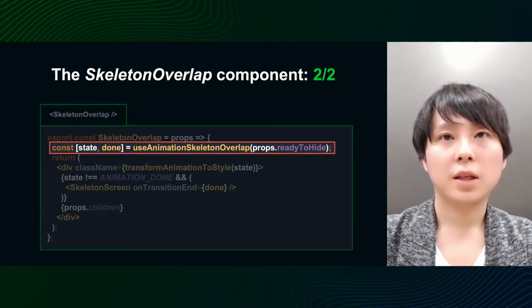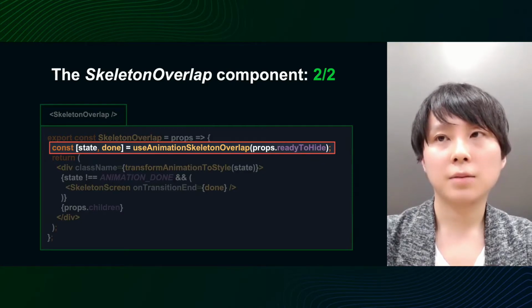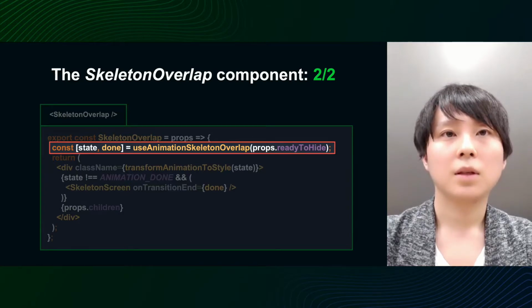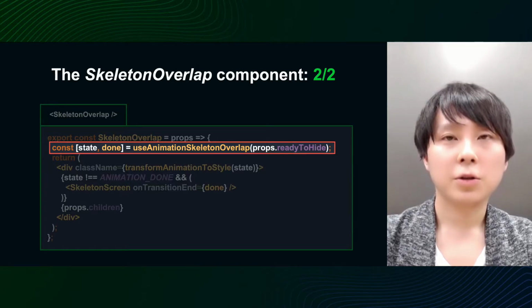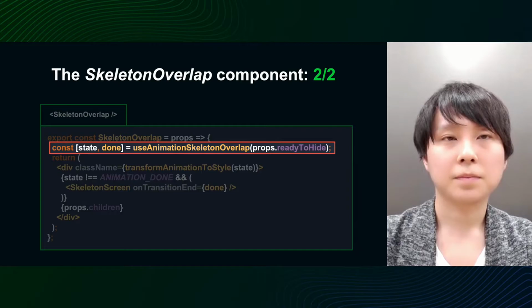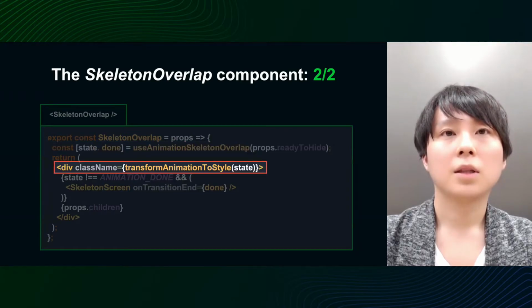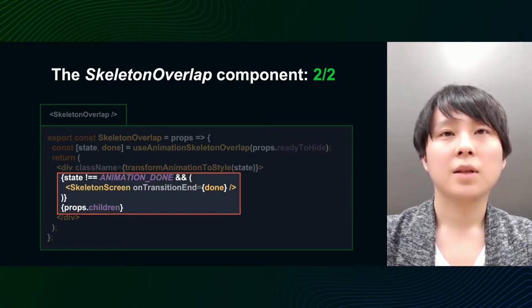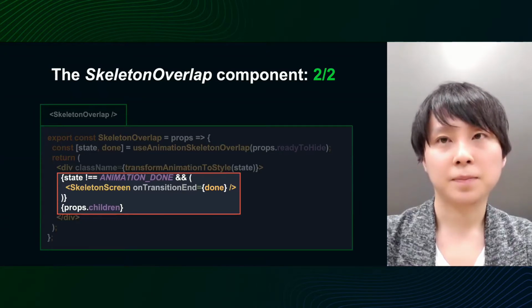It receives the show hide flag from props and passes the value to a custom hook for animation. This custom hook converts from a true-false value for show hide to a state that takes into account the animation state. Based on the state, a class name is given and fade-out animation is applied, and switching the components of the skeleton screen.